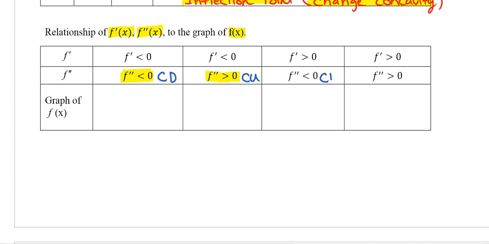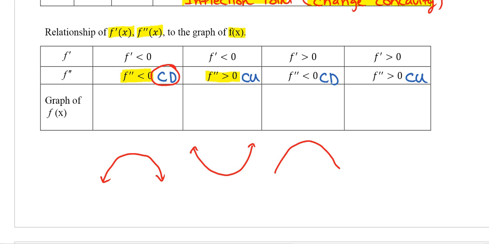Concave down means my graph looks like this. If I'm concave up, my graph looks like that. Okay, so let me just delete all this now.